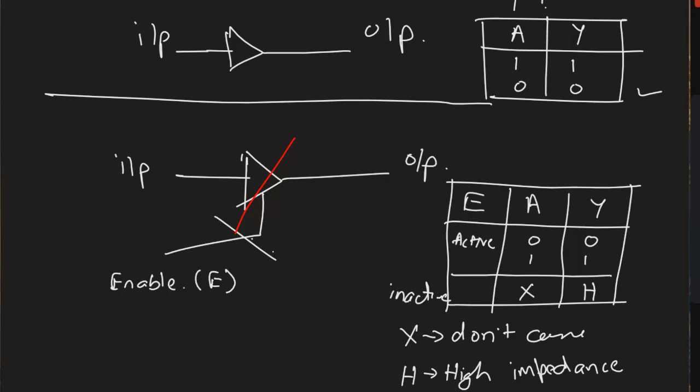Okay, so I'll just clear this once again. Whenever the output is in high impedance, it means virtually input and output will not have any physical connection. Virtually means they will still be in contact, but input will not go to the output because the second input is actually not connected.